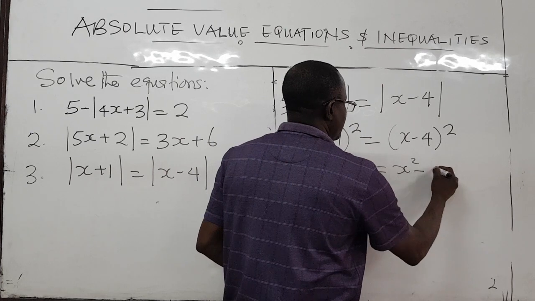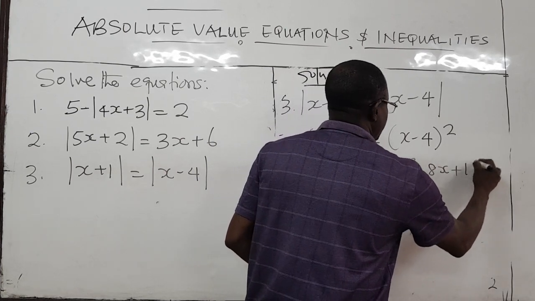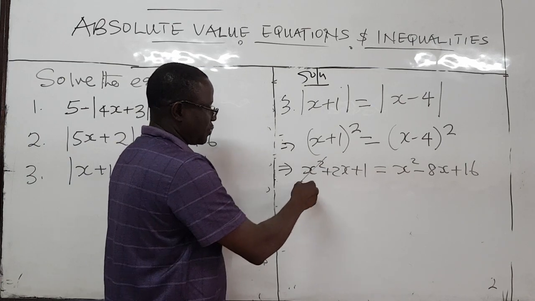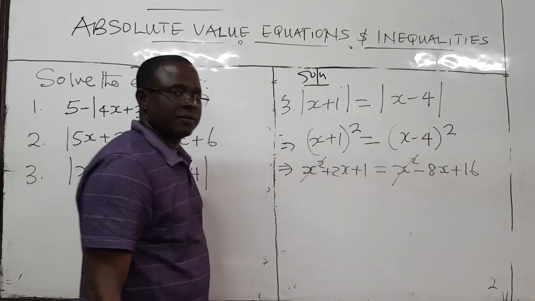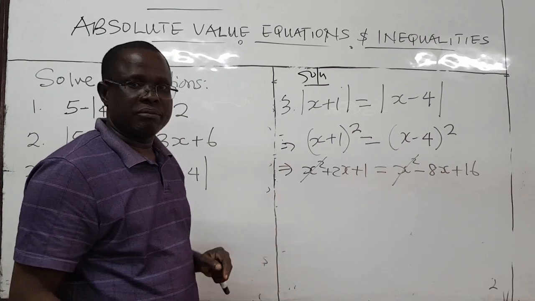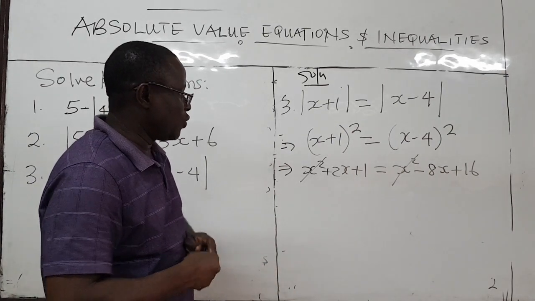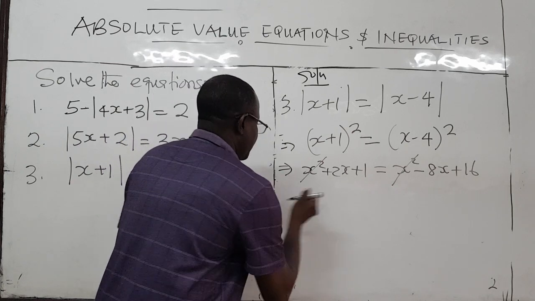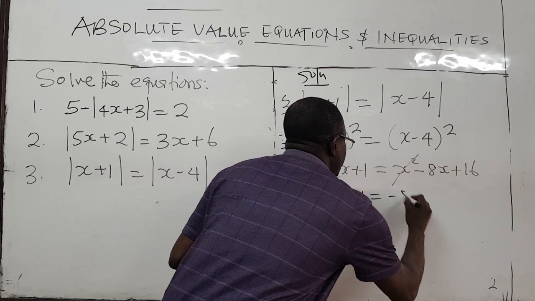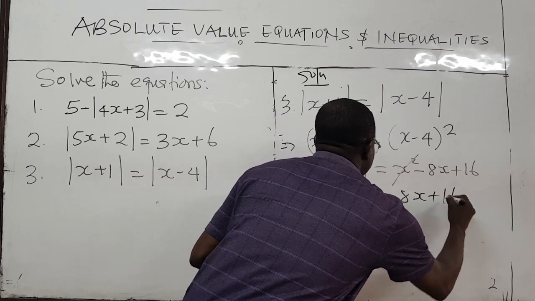See that the x squared cancel out. It will not always cancel out. This is for this particular problem. And so you are left with 2x plus 1 is equal to negative 8x plus 16.